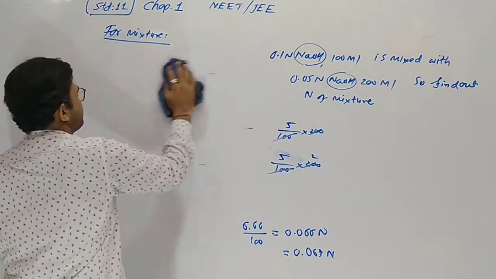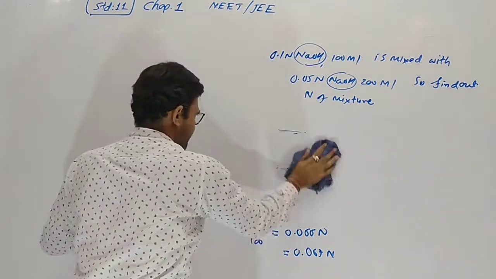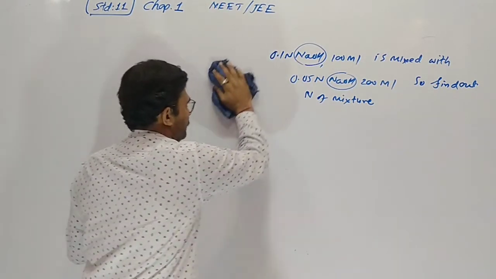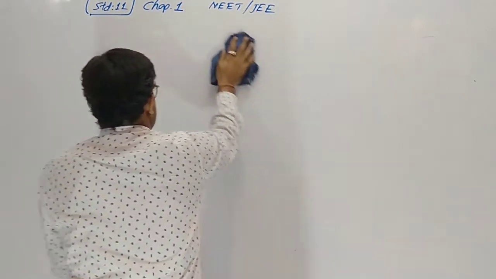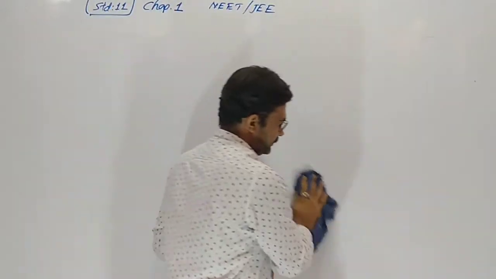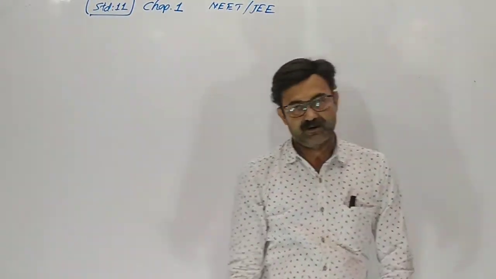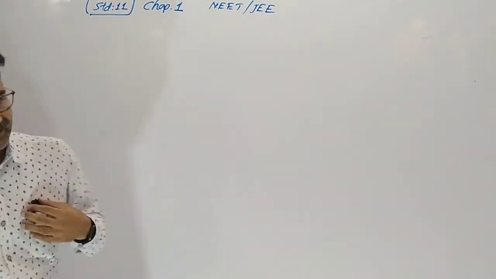Sometimes one acid is given and one base is given. In this case, if the solution is given in molarity, we have to convert it, because our reaction is neutralization.